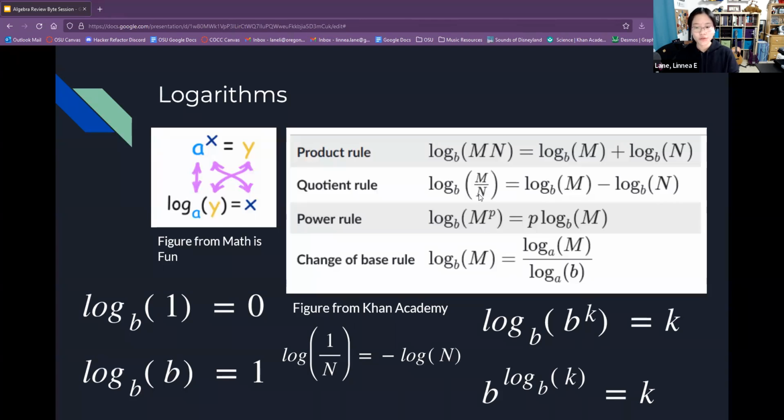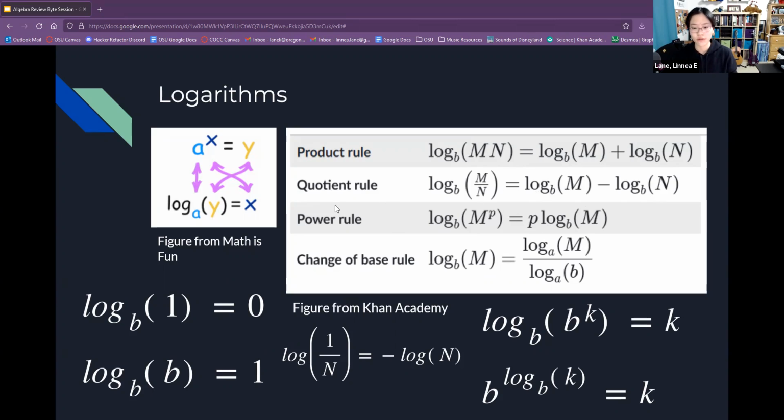Similar with a quotient rule, right? You can either separate them out into separate logs that are related by subtraction, or you can combine them into one log with division. The power rule allows you to move the exponent within the logarithm out to the front of the logarithm. This one, if you're going into calculus or have taken calculus, you'll know that this is a lifesaver.